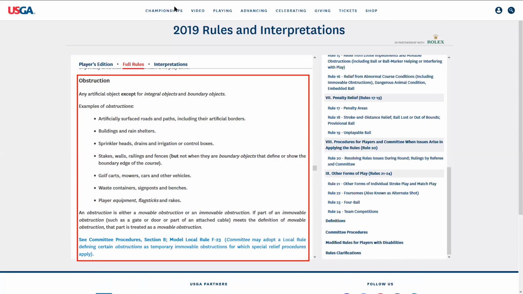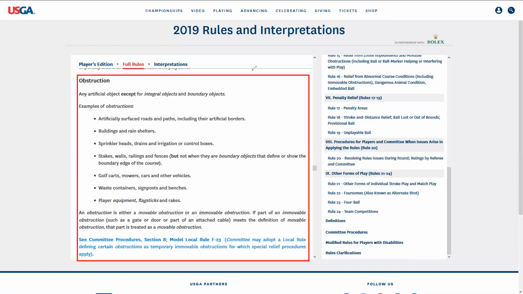And those were excluded from the definition of obstruction. Now, under the new rules, an artificial object off the course is still considered an obstruction. But when we get to Rule 16.1, we're going to see that the outcome is the same. You don't get relief unless the object is in fact on the course.